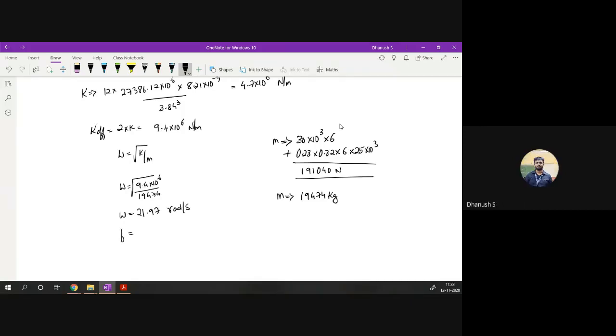Correct. What will the frequency be? 3.55 hertz.